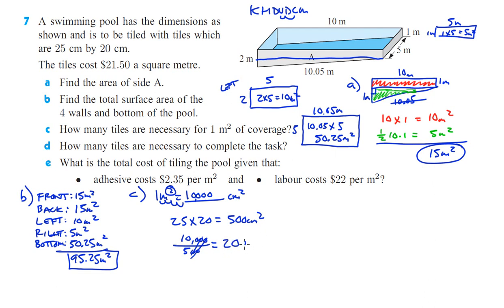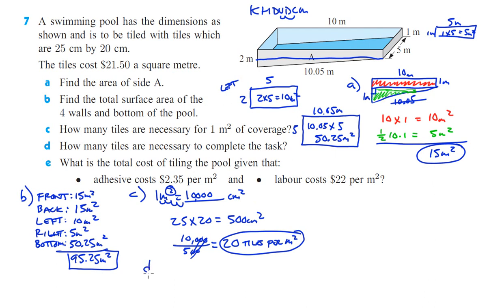So we need 20 tiles per square meter. Okay. How many tiles are necessary for 1 square meter of coverage? 20 of them. Okay. Part D says how many tiles are necessary to complete the task.